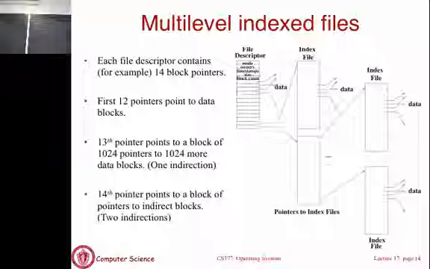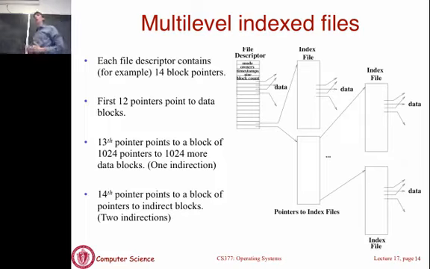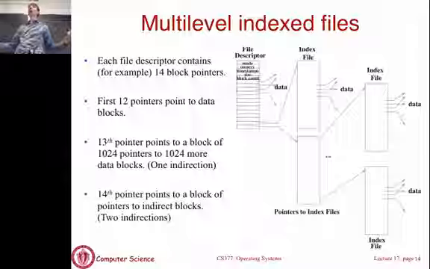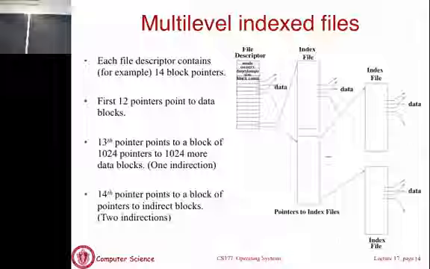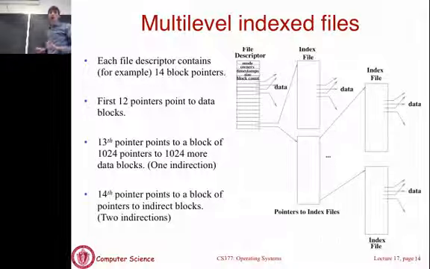So we are making it a little bit more expensive to access very large files, but it's still going to be reasonable because there's going to be at most maybe 2 or 3 pointers we have to follow in order to get any block of the disk. Because in the extreme case, in the linked file case, you potentially have to traverse the entire file one block at a time. Here we still do a little bit of traversal, but it's only going to be a few pointers at most. So this is still going to be reasonable.